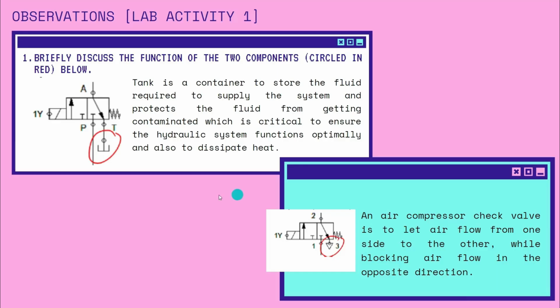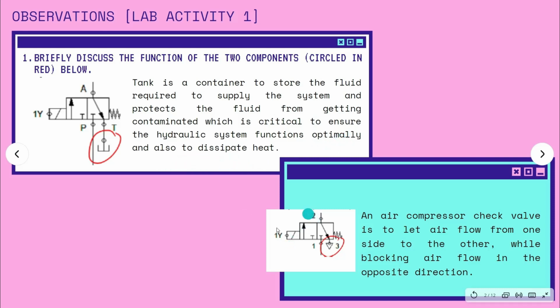Okay, for the observation of lab activity 1, observation 1: briefly discuss the function of the two components circled in red below, this one and this one. The first component is the tank. A tank is a container to store the fluid required to supply the system and protects the fluid from getting contaminated, which is critical to ensure the hydraulic system functions optimally, and also to dissipate heat.